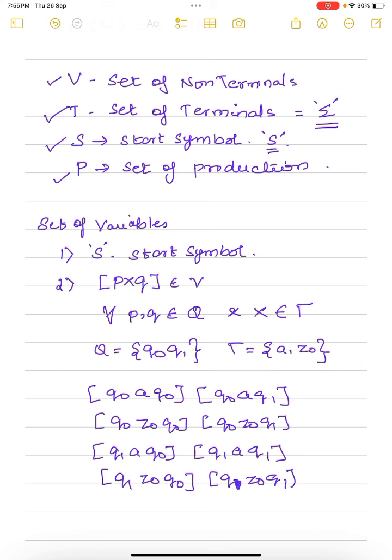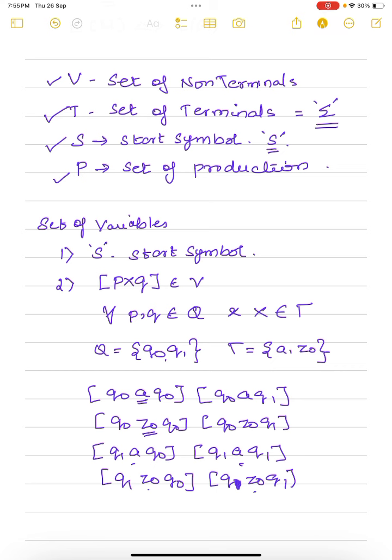So for this P and Q, you have to take all possibilities of states. If the states are Q0 and Q1, first we take Q0 for P, and vary Q between Q0 and Q1. Again, because we have two tape symbols, A and Z0, there will be four possibilities with Q0, and then again with Q1, we will have four possibilities.